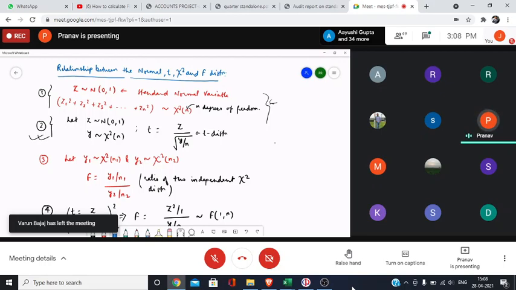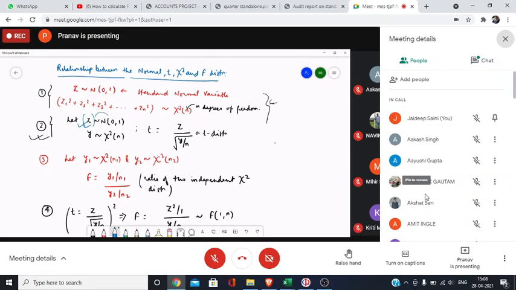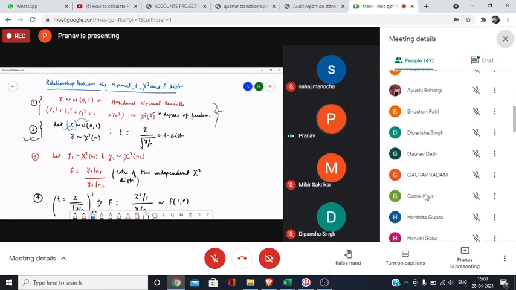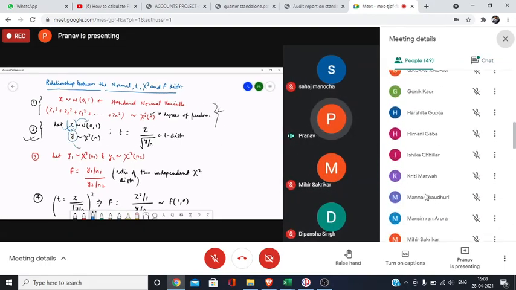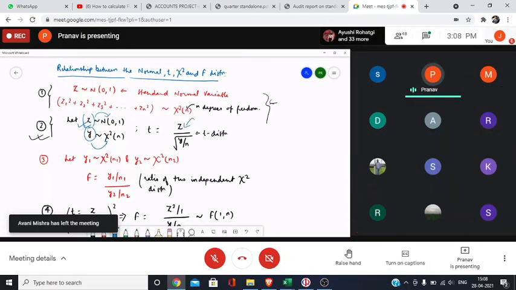Let us take a simple example, saying that z is a variable which comes out of a standard normal population, and y is a variable which follows a chi-square distribution with n degrees of freedom. So the t statistic is defined as a ratio of a standard normal variable and the square root of the chi-square distributed variable divided by its degrees of freedom. So this is a t distribution with n degrees of freedom.